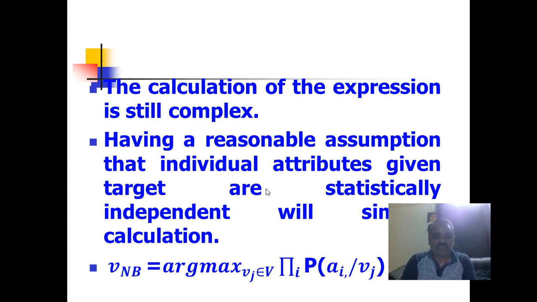This statistical independence may be true in a good number of cases, but if it is not true, we will have to look for other options. V_NB, that is the classification based on the naive Bayes classifier, is equal to argmax over Vj, an element of capital V, of the product of P of Ai given Vj for all i's.